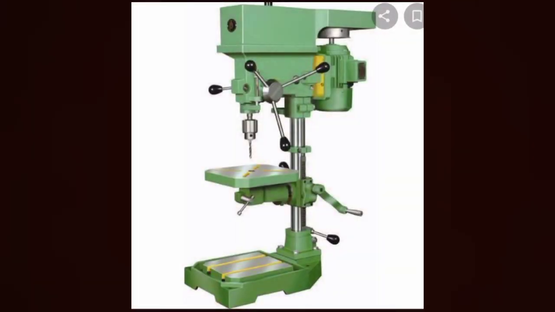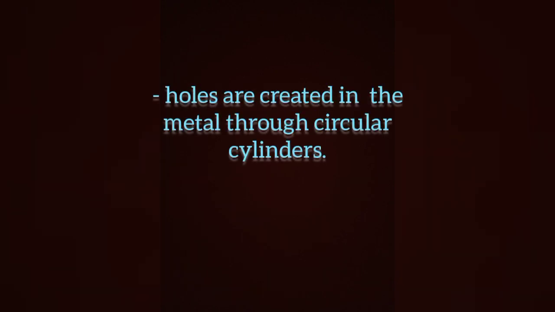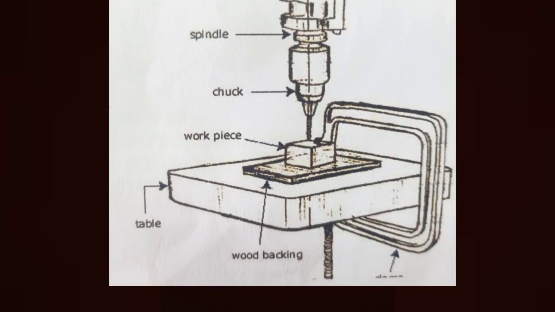In drilling, holes are created in the metal through circular cylinders. A twist drill is used for accomplishing this task. Take note, in these machining operations, in drilling, 75% of the metal cutting material is removed through a drilling operation.